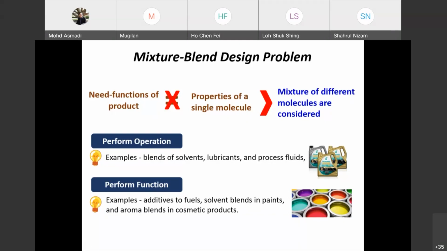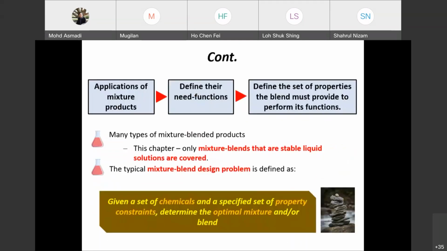So just like molecular products, the application of the mixture products defines their need function, which in turn defines the set of properties the blend must have to perform its function. So there are many types of mixture blend product.